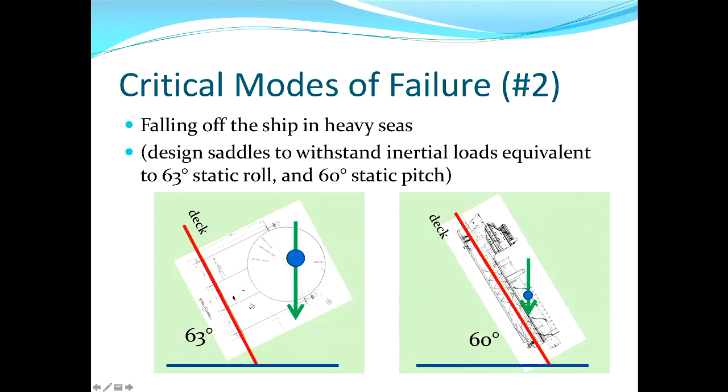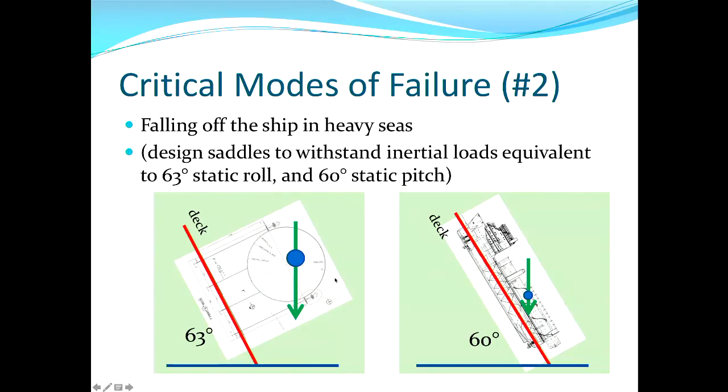It doesn't roll to 63 degrees or pitch to 60 degrees, but these are the statically equivalent configurations that give rise to the same dynamic forces that you have to design against for these sea conditions. So imagine a ship that, if it was just sitting there at 63 degrees of roll, that's the amount of force that the prill tower has to be able to withstand to successfully navigate those sorts of sea conditions.